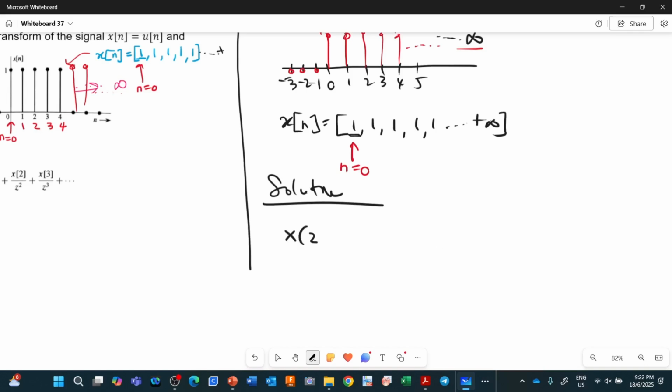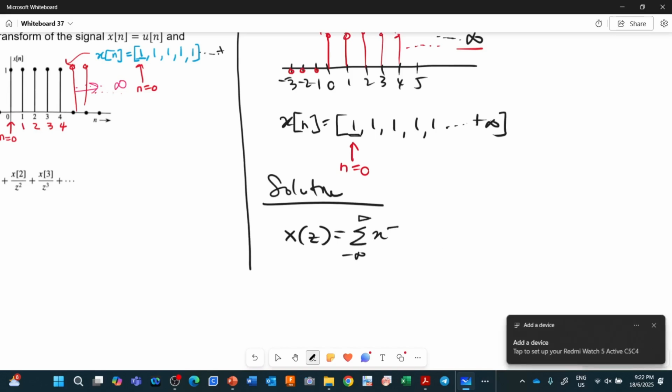X z is equivalent to the summation from minus infinity to infinity of xn z to the power of minus n.